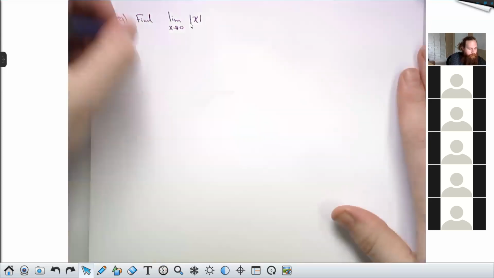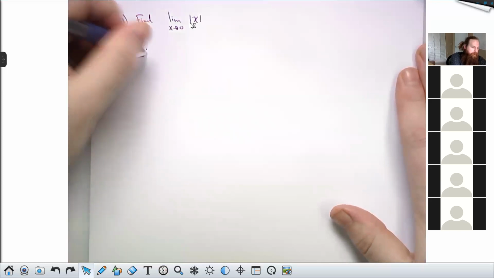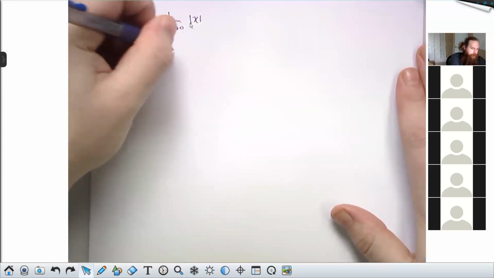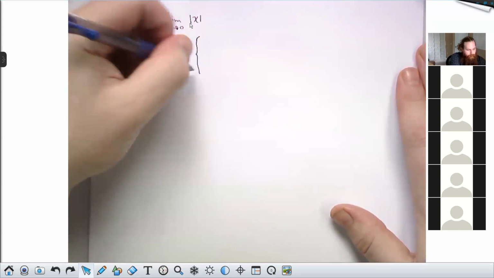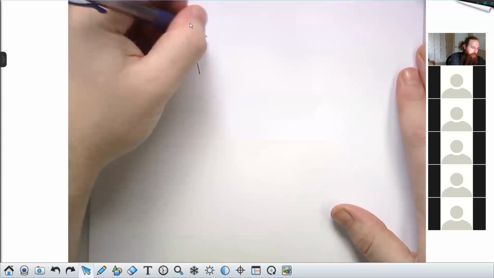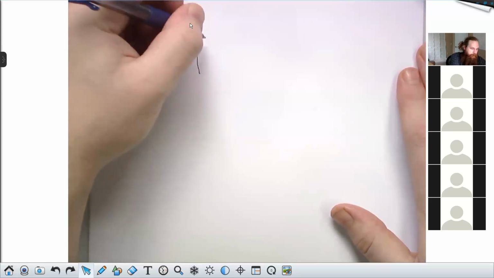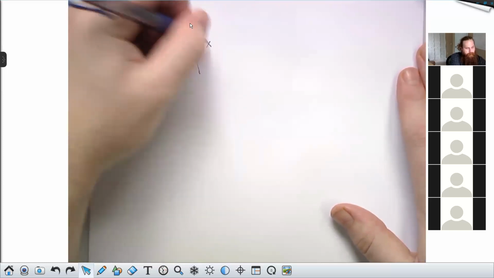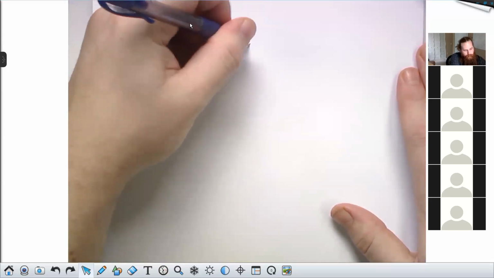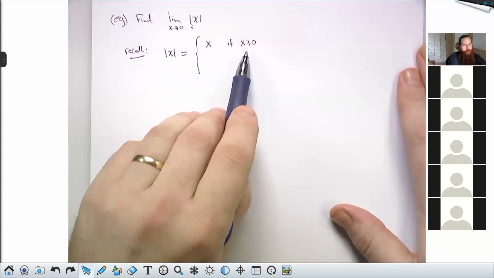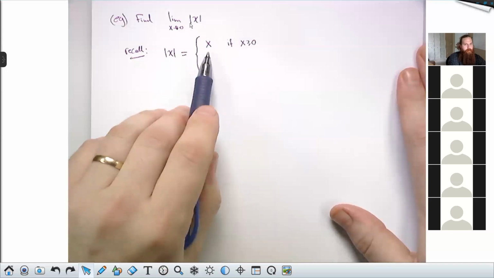But what I can do is use the fact that the absolute value function is actually a piecewise function. Think about what absolute value does. If x is greater than or equal to 0, then the absolute value of x is just x.